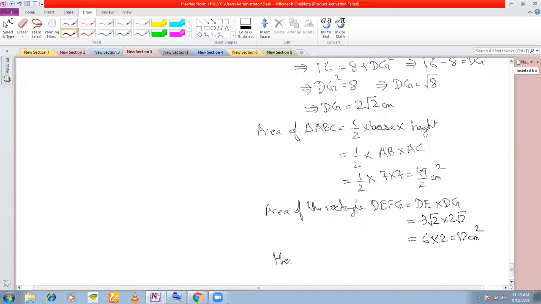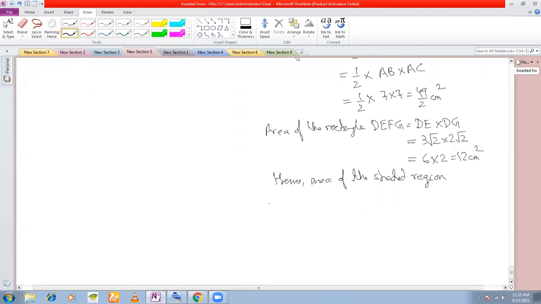Hence, area of the shaded region is equal to area of triangle ABC minus area of rectangle DEFG.